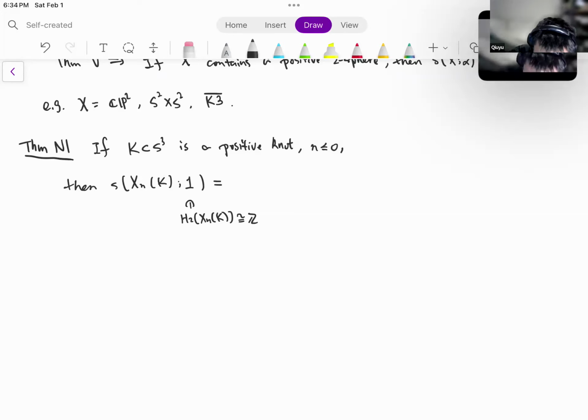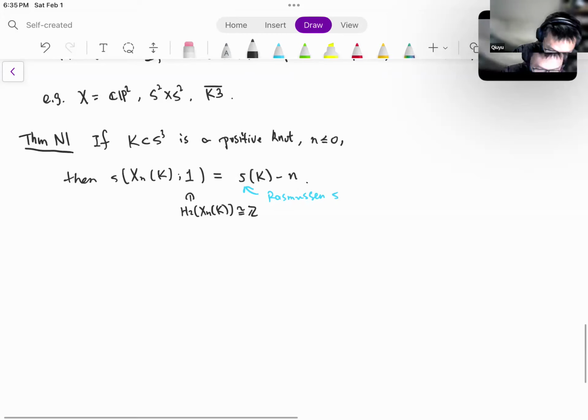But anyway, this S invariant will turn out to be equal to the Rasmussen s-invariant of my knot K minus n. This s is the classical Rasmussen s-invariant.